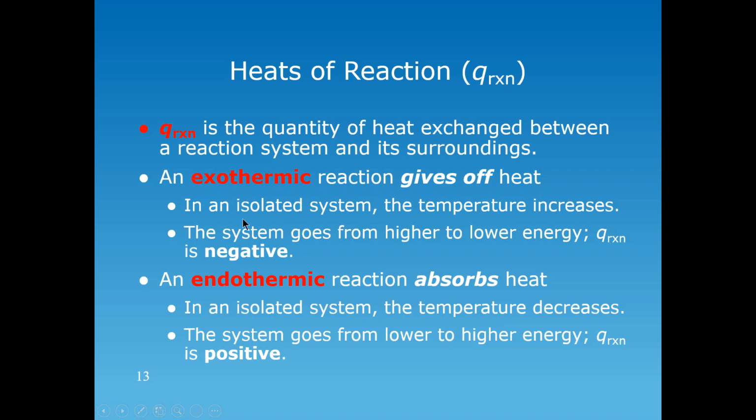Now, if this reaction is taking place in an isolated system, the temperature will rise as a result, because heat is produced. The result also is that the system will go from a higher energy state to a lower energy state. And therefore, the heat of the reaction, represented by Q reaction here, will be negative. So that's basically what happens in the case of an exothermic reaction.